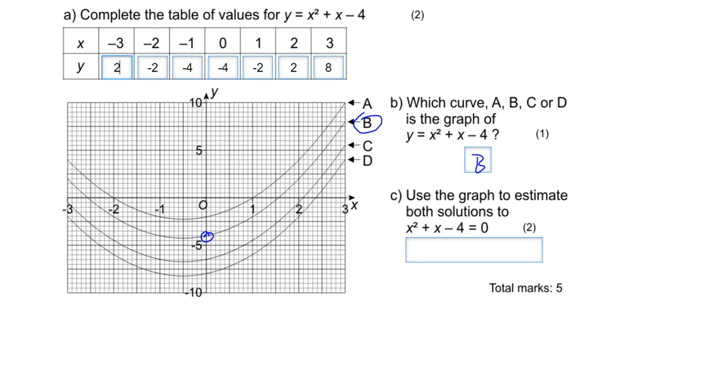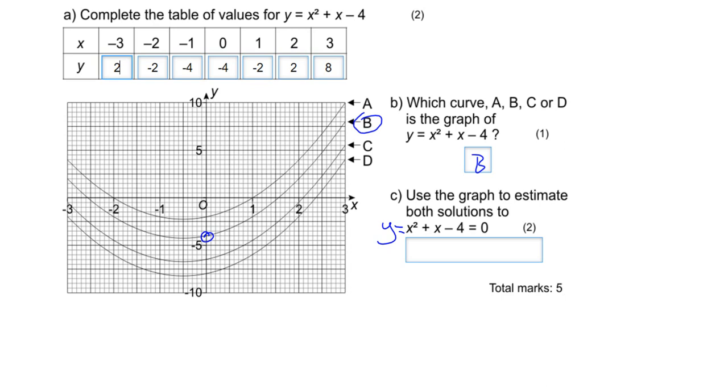And then I'm asked to estimate the solutions to make that equal 0. Well, what we're saying is that's for y equals 0. So we're saying if y is 0, what's the value of x? So y is 0 is the x-axis.